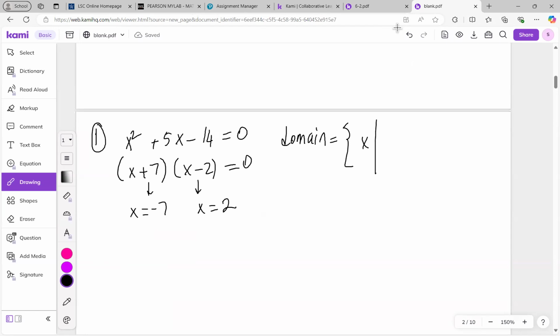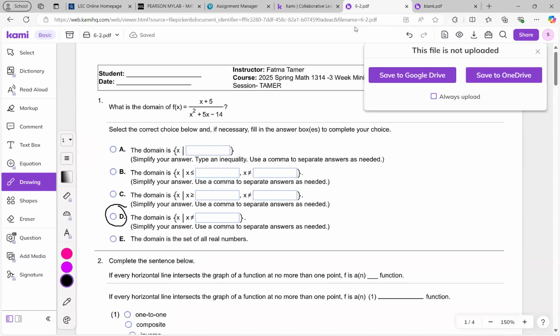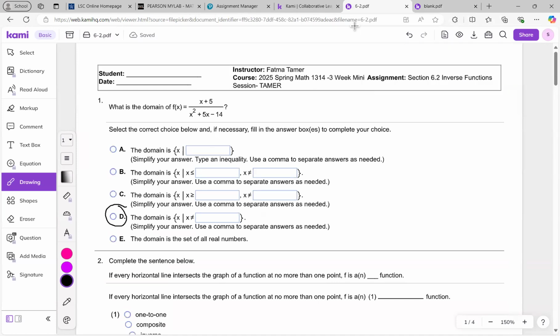That's what it means, x such that, x cannot be equal to negative 7 or positive 2, because for these two x values, the denominator will be equal to 0. And for rational functions, whenever the denominator is equal to 0, the function becomes undefined. So the domain is x such that x shouldn't be equal to negative 7 or positive 2. That's how we're going to answer number 1.